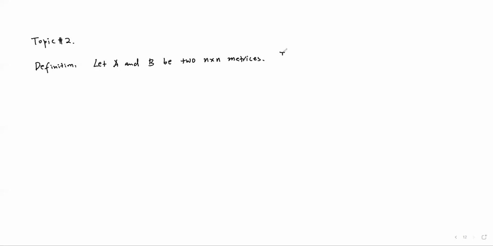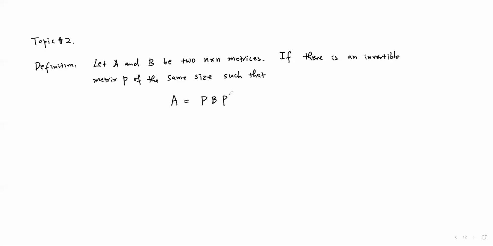if you can find an invertible matrix P, of course the same size, such that A is equal to P times B times P inverse.